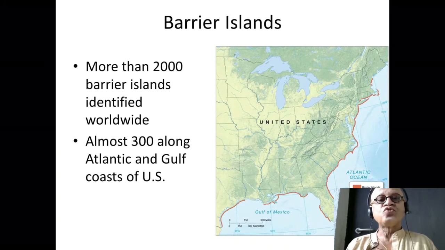So more than 2,000 barrier islands exist around the world, and most of them, almost 300 of them, are along the Atlantic and the Gulf Coast of the US. So you can see the barrier islands going all the way from almost the Canadian border down into Florida, the tip of Florida, into the Gulf of Mexico, and so on.